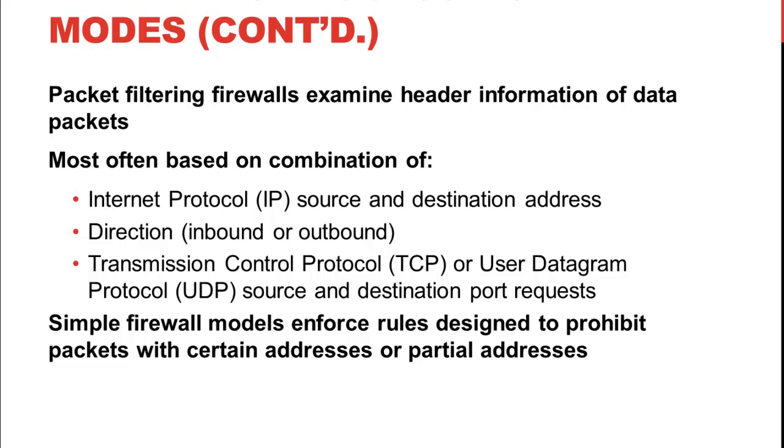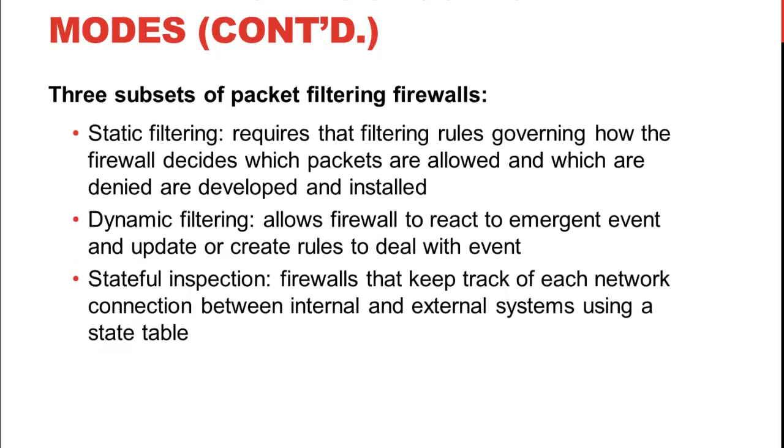And of course there are three subsets of packet filtering firewalls. Static filtering requires that the filtering rules governing how the firewall decides which packets are allowed and which ones are denied are developed and installed. Dynamic filtering allows the firewall to react to emergent events and update and create rules to deal with those events.